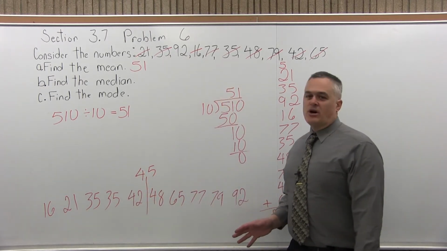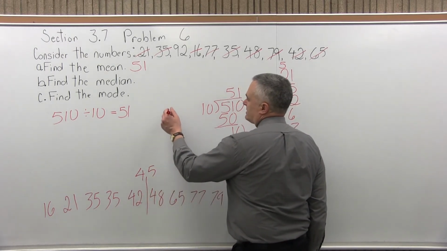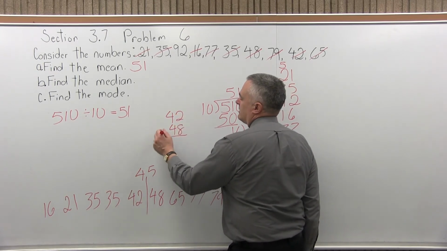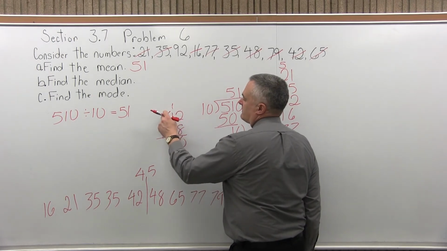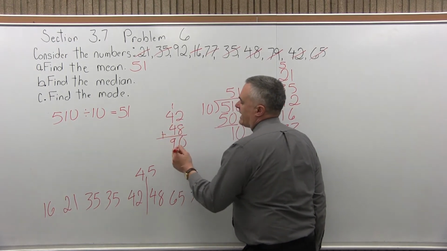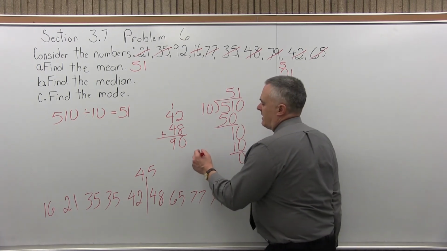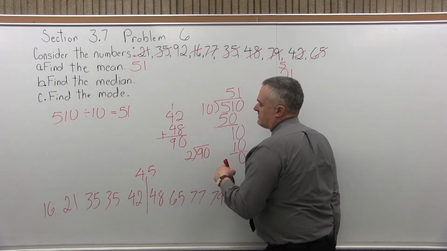If you see that, awesome, you go a little faster. If you don't, just take the middle two numbers and add them together, 42 plus 48. 2 and 8 is 10, put the 0, carry the 1. 1 and 4 is 5, 5 and 4 more is 9, you have 90. Cut it in half. Half of 90, I know is 45. If you don't, just 90 divided by 2.